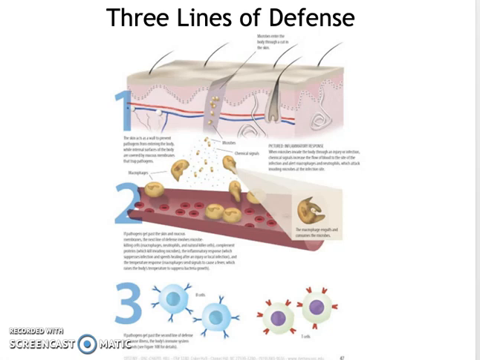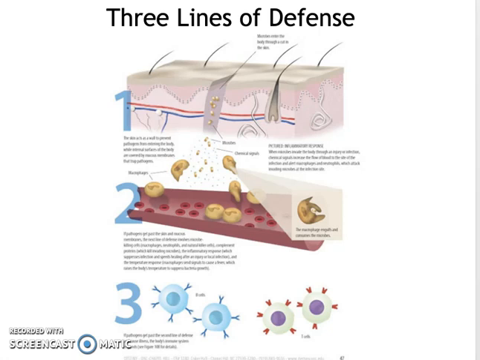One of the most potent enzymes found in tears and saliva is lysozyme. Lysozyme is an enzyme that destroys bacterial cell walls. It destroys the cell walls of all bacteria, not distinguishing between different types.